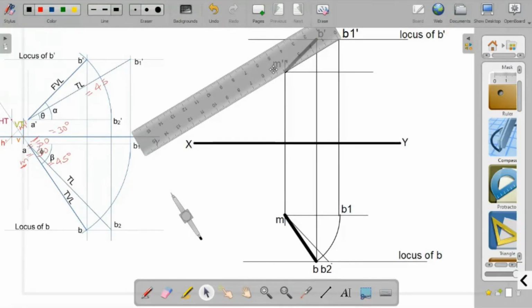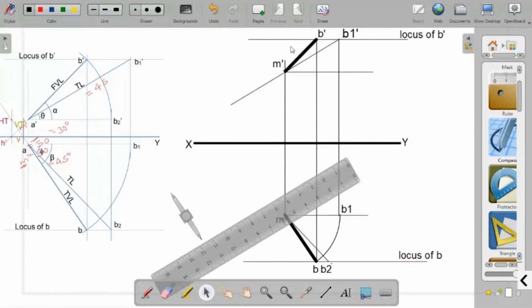In the opposite direction for the same length, that is, we are starting from 45 here, so it should be up to 90. Or else you can use your divider or compass to measure and repeat the same distance by taking an arc here, taking the radius equal to this one.